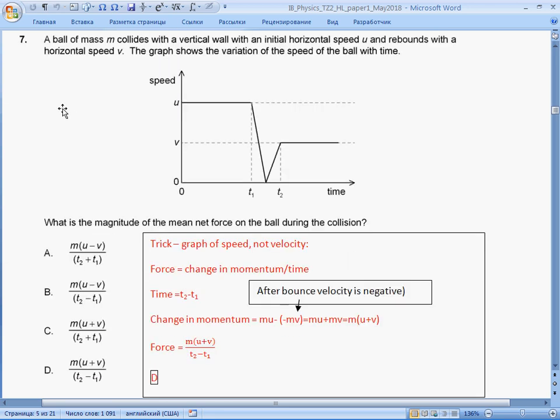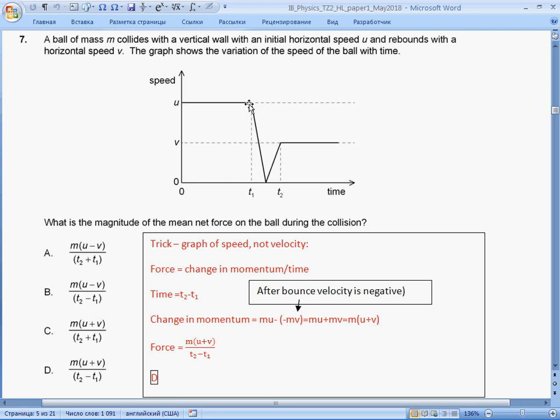A ball of mass m collides with a vertical wall with initial horizontal speed u and rebounds with horizontal speed v. The graph shows the variation of the speed of the ball with time. What is the magnitude of the mean net force on the ball during the collision? The trick here is that the graph is for speed, but we need velocity. So force equals change in momentum divided by time. The time interval is t2 minus t1.